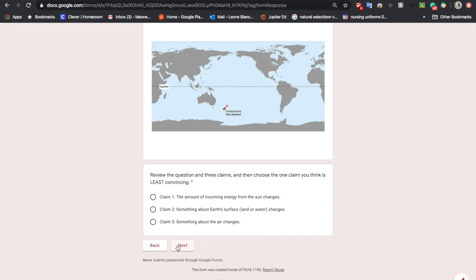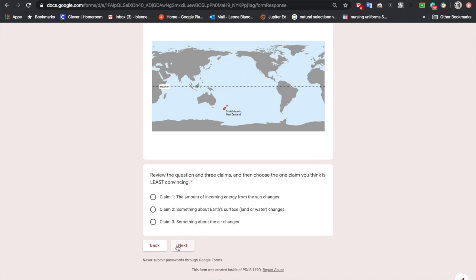So key parts of what makes air temperature is the sunlight, the type of surface, and the air above the surface and how easily it's going to be acquired from there.